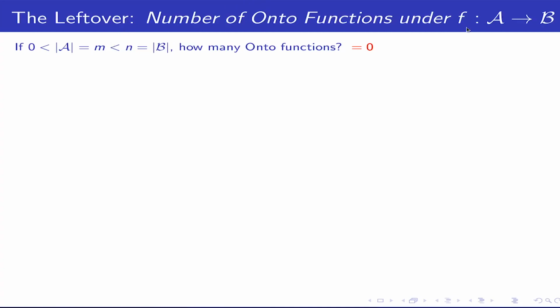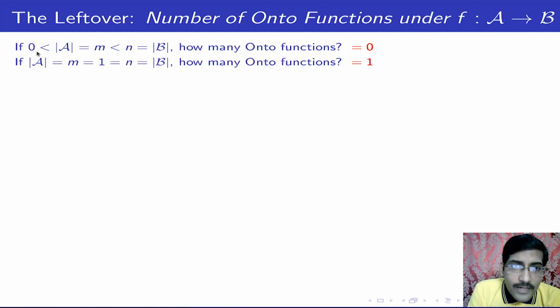So to compute the onto functions to be at least more than 0, we should have M greater than or equal to N. Let us try to see the first basic case. It is greater than or equal to, first of all, and it is greater than 0. So let us assume both are 1. There is one element in A, there is one element in B, which is very straightforward.